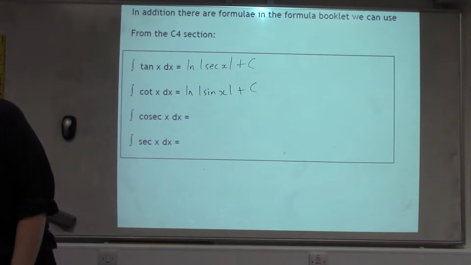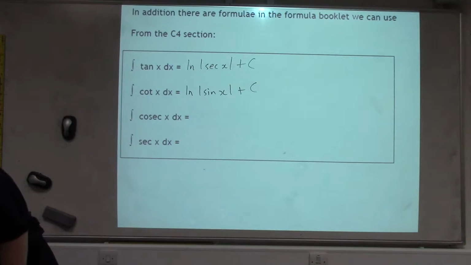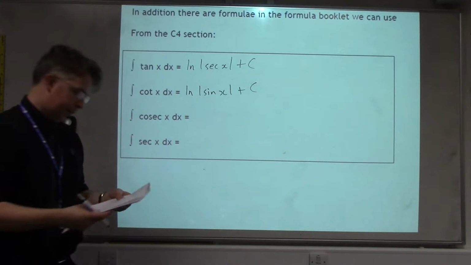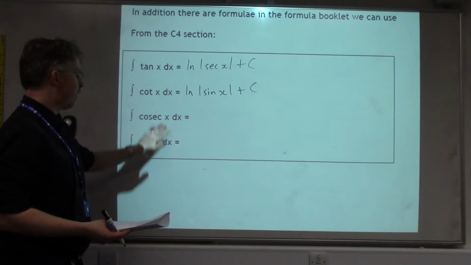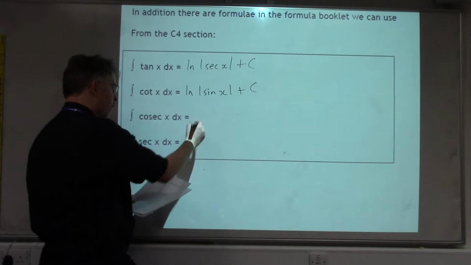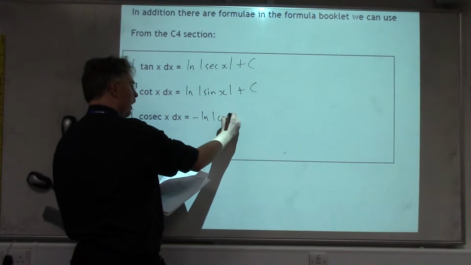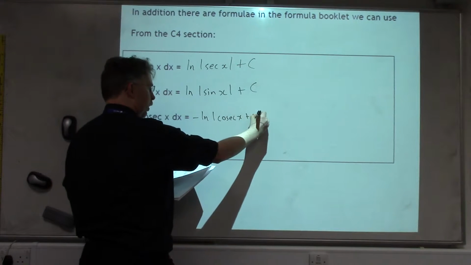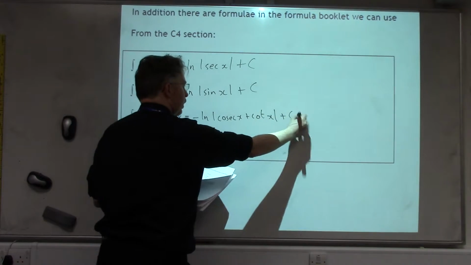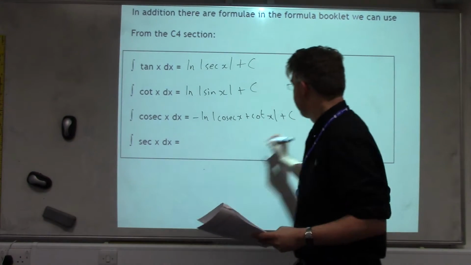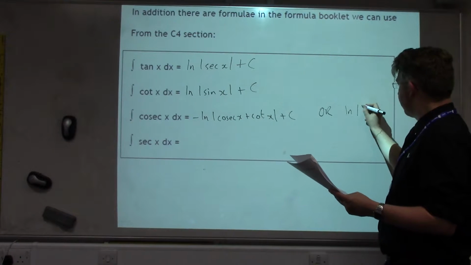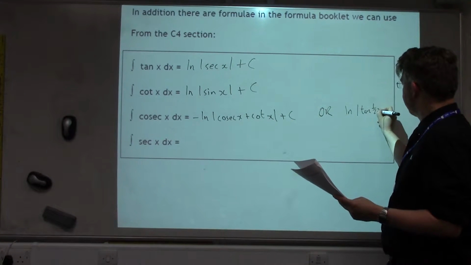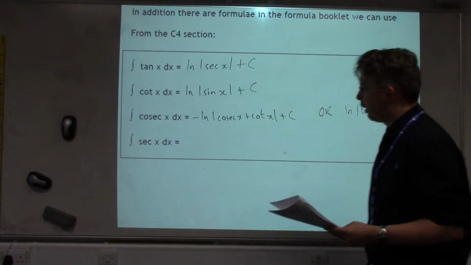The integral of cosec x gives you two different options. So these two are relatively common. These two are not so common. So you've got minus ln of cosec x plus cot x plus c, or ln of tan of a half x, plus c.